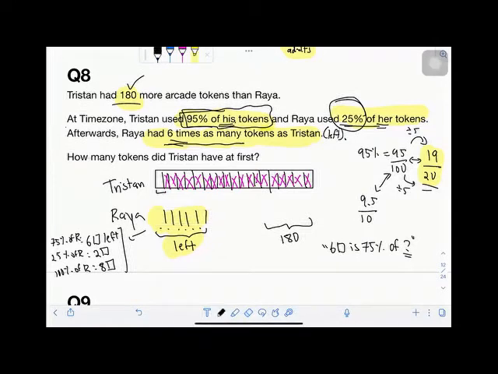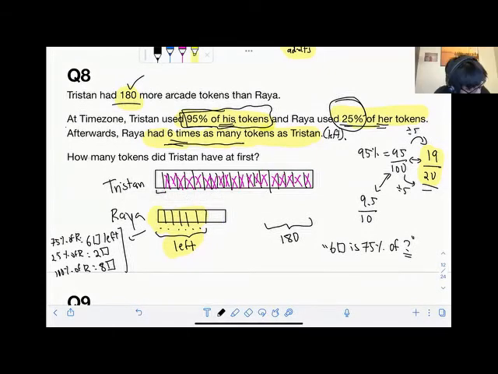So ayusin po natin to be 1, 2, 3, 4, 5, 6, 7, 8. Actually, dito po dapat. And this is used. No?